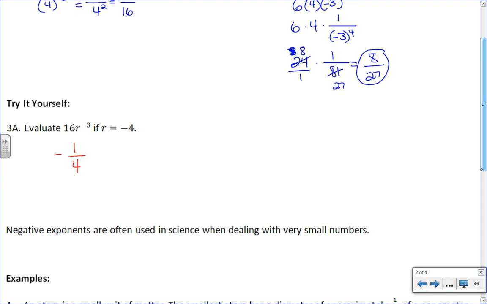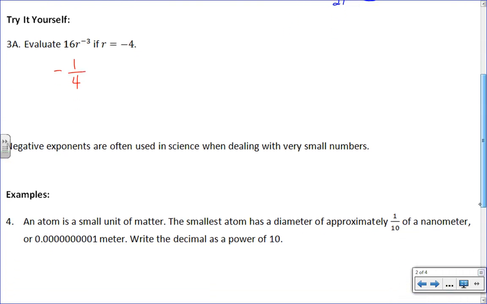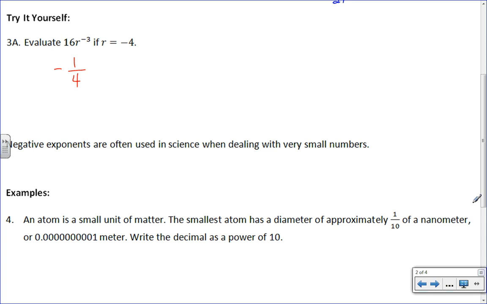Okay, negative exponents are often used in science when dealing with very small numbers. Example 4 says an atom is a small unit of matter. The smallest atom has a diameter of approximately 1/10 of a nanometer, or 0.00000000001 meter.